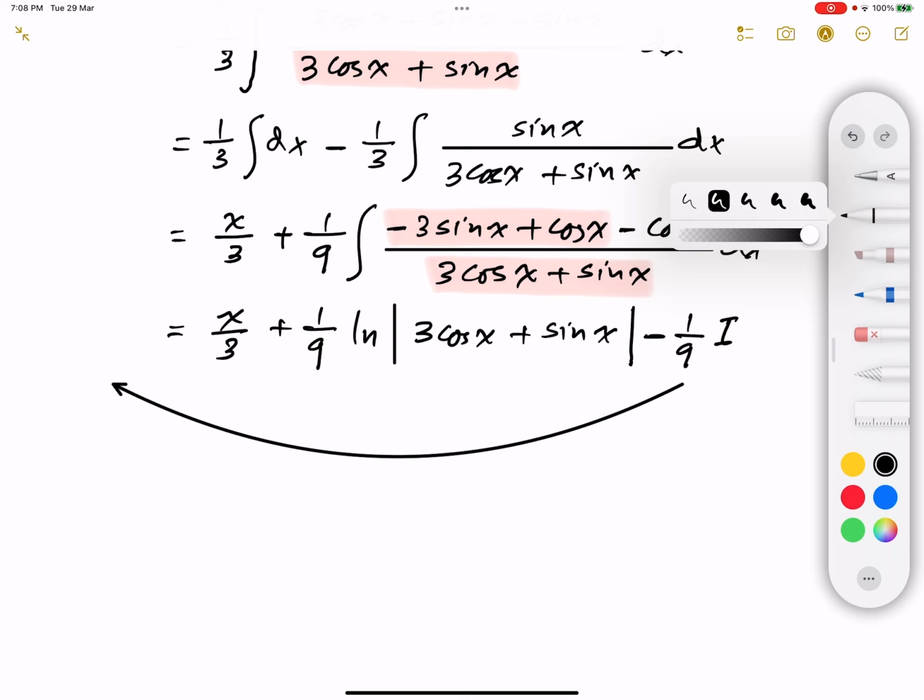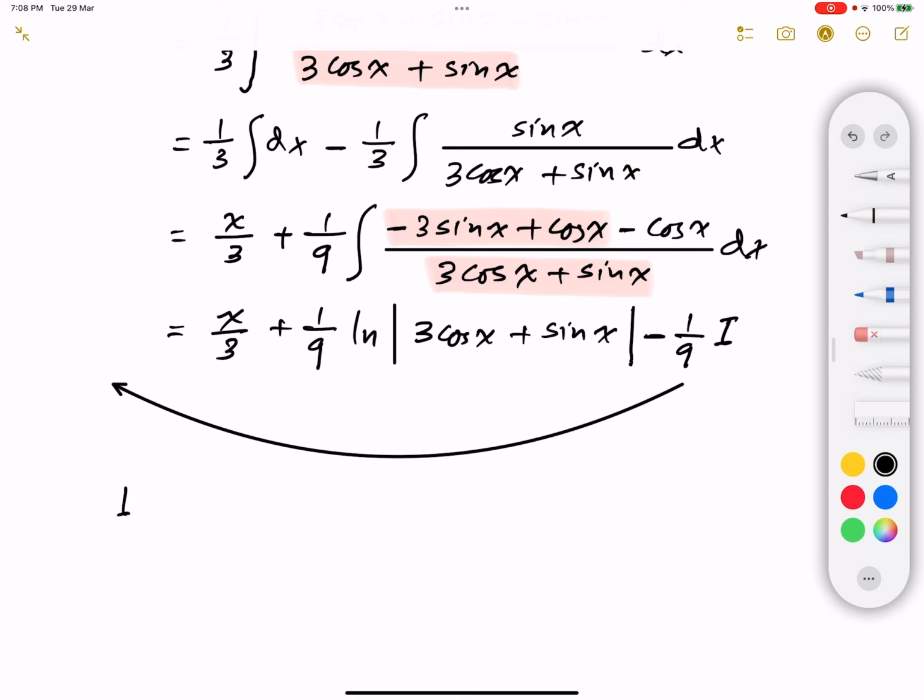We have I on the left hand side, and 1/9 minus 1/9 on the right hand side. So if you move that to the other hand side, we're gonna get 9/9 plus 1/9, so that's gonna give us 10/9.